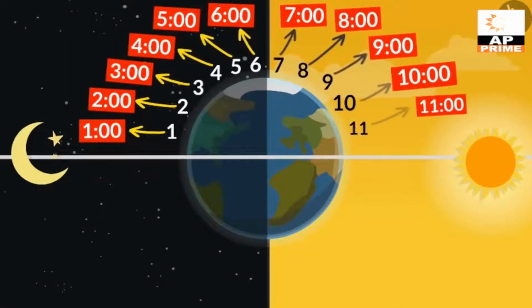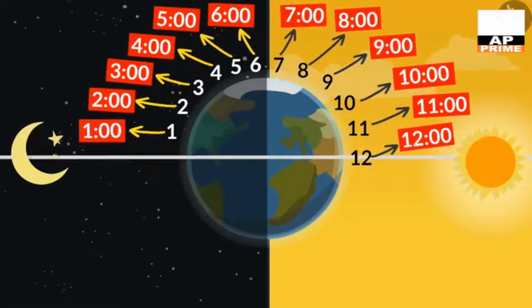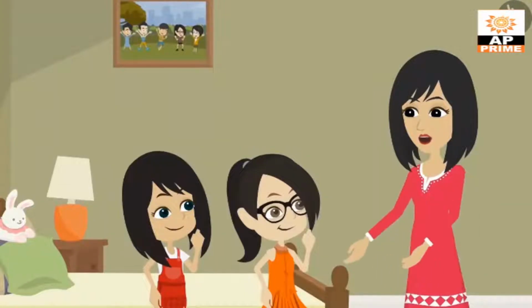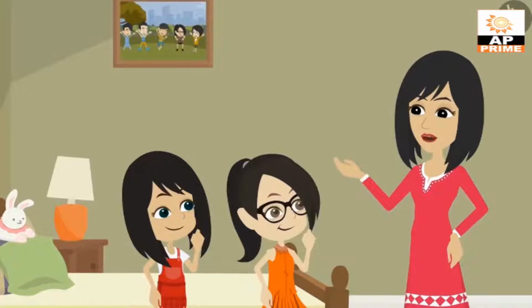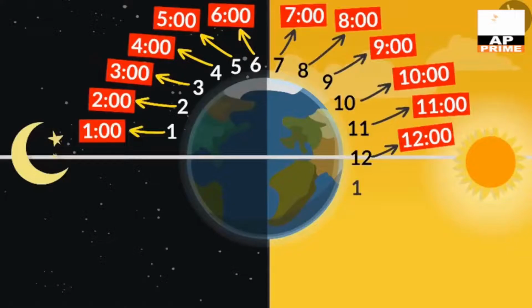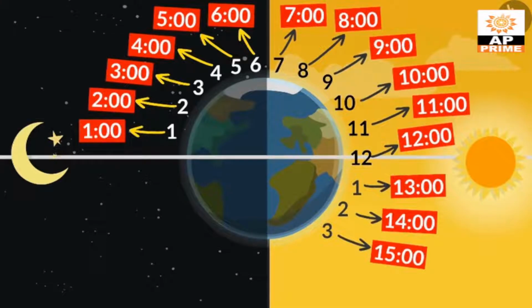Till 12 in the afternoon, it is written as 12:00. Now tell me, what is the hour after 12? It is 1. Yes. But when the time is written in 24 hours format, then the 12 hours of the afternoon are not written as 1, 2, 3 again. Instead, they are written as 13, 14, 15.